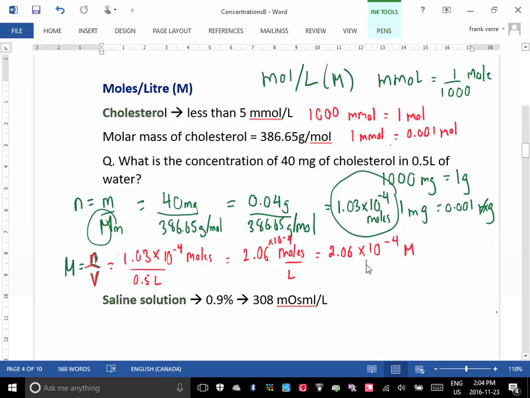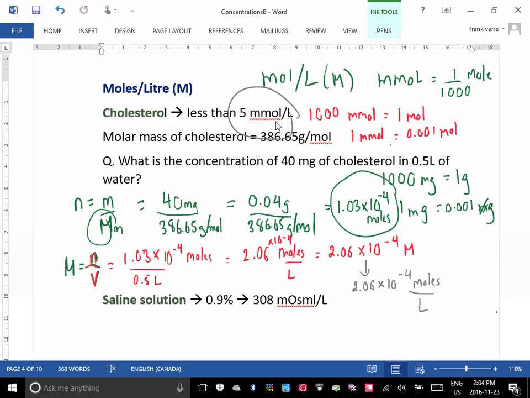So remember, that was our concentration, right? 2.06 times 10 to the negative 4 moles per liter. Now we're going to convert moles to millimoles, because the reference point is in millimoles, and we need to speak the same language to know if it's okay.